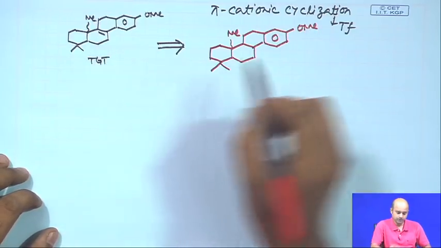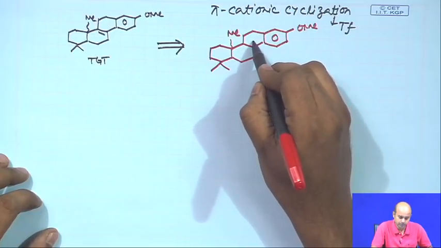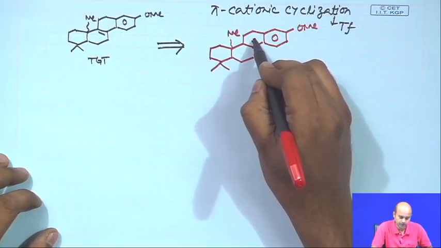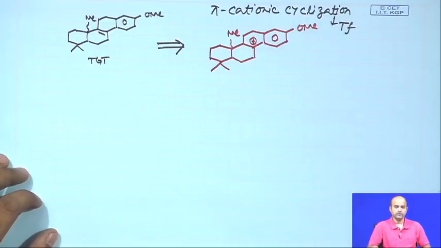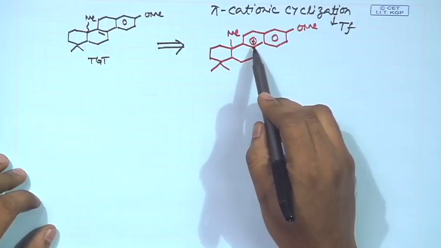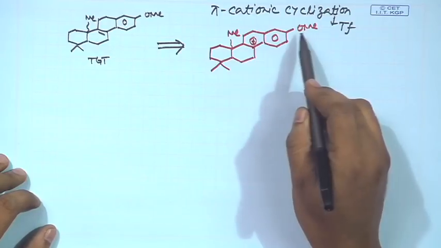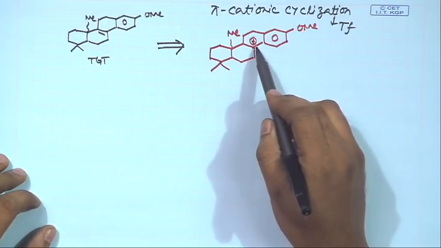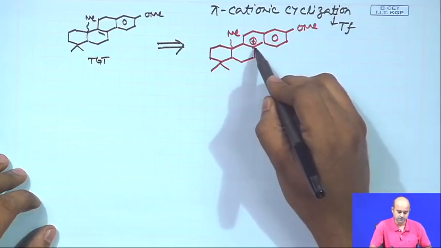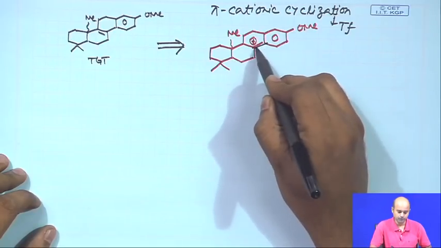We say that this double bond will be generated from a 1,2-elimination of a carbocationic species, something like this. This carbocation will normally be formed if you have a para-methoxybenzyl cation. This carbocation is normally stabilized by this OMe group.